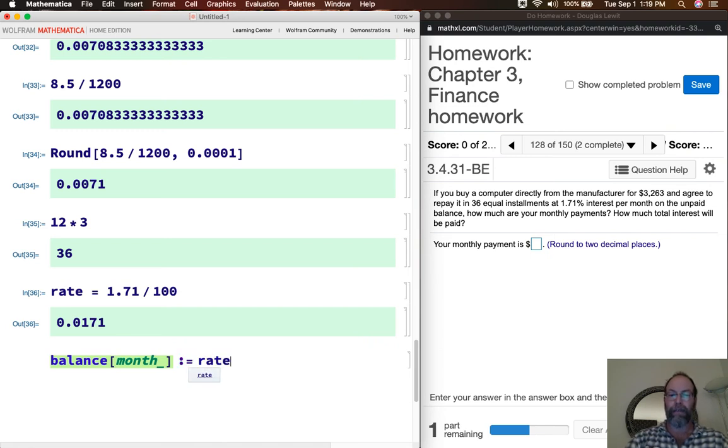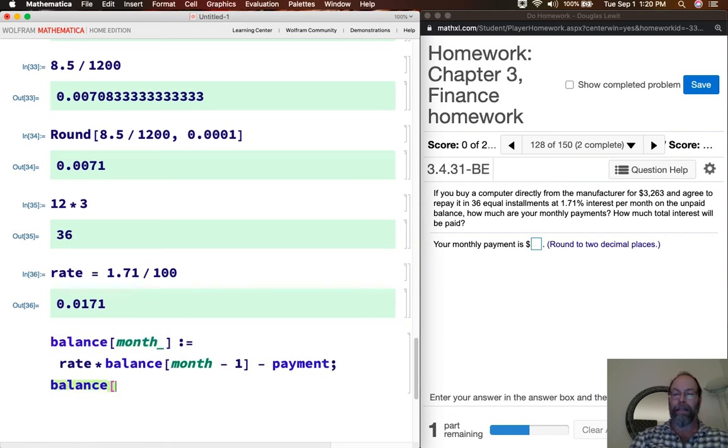rate times balance of month minus 1, which simply means what I owe this month is equal to the rate times the balance that I owed the previous month minus the payment, okay?